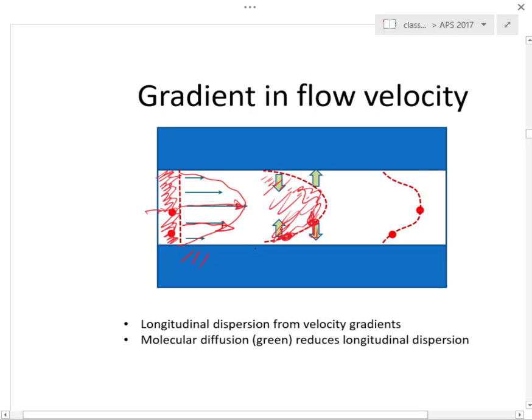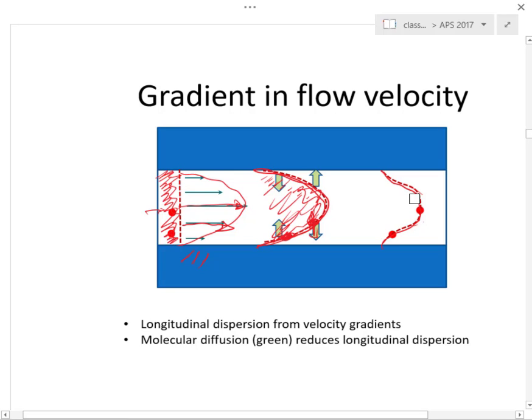And so instead of having a set of particles that are arranged like I show here with this parabolic profile, you might expect that it looks more like this, where this steep front here is rounded out a little bit as a result of local diffusion.